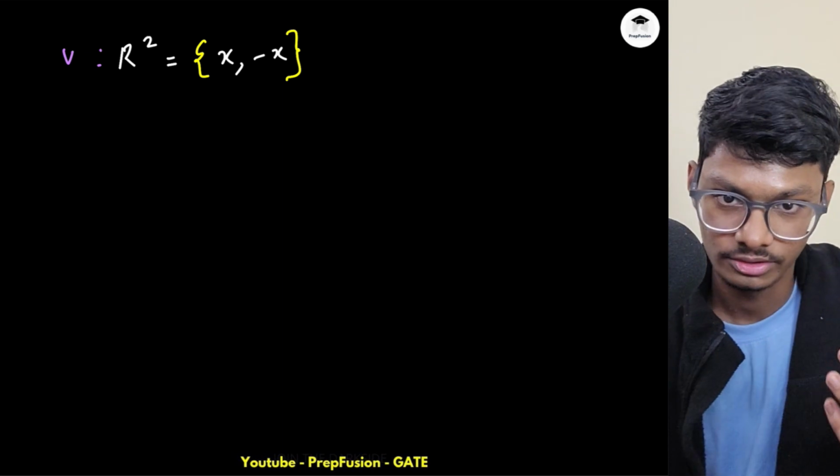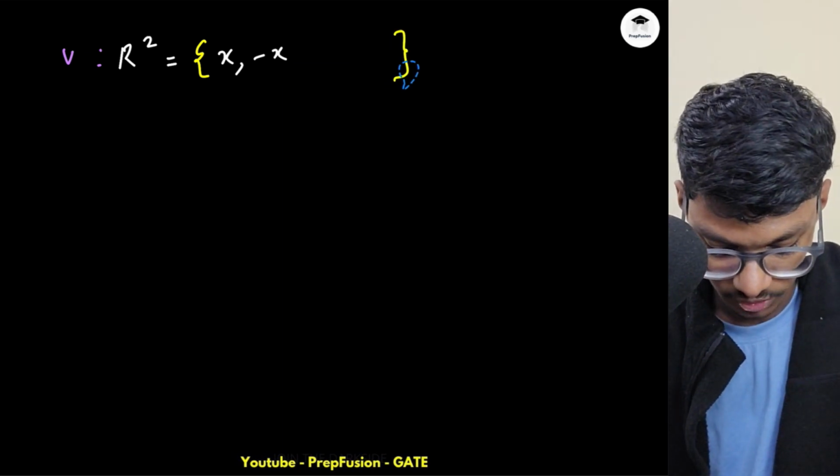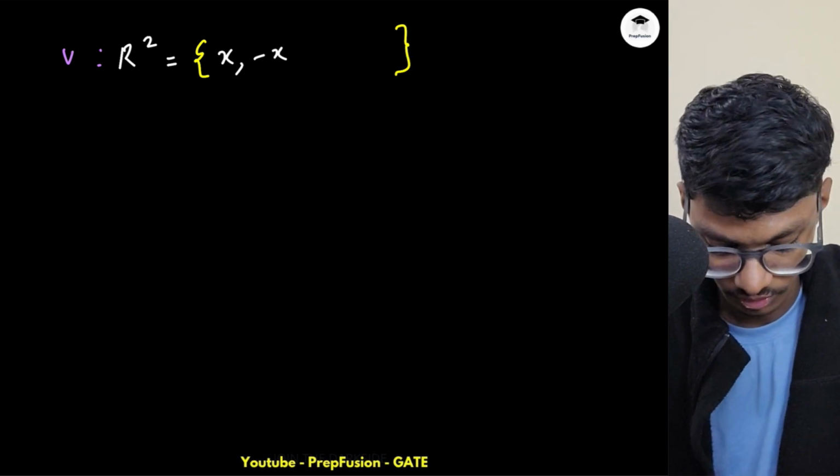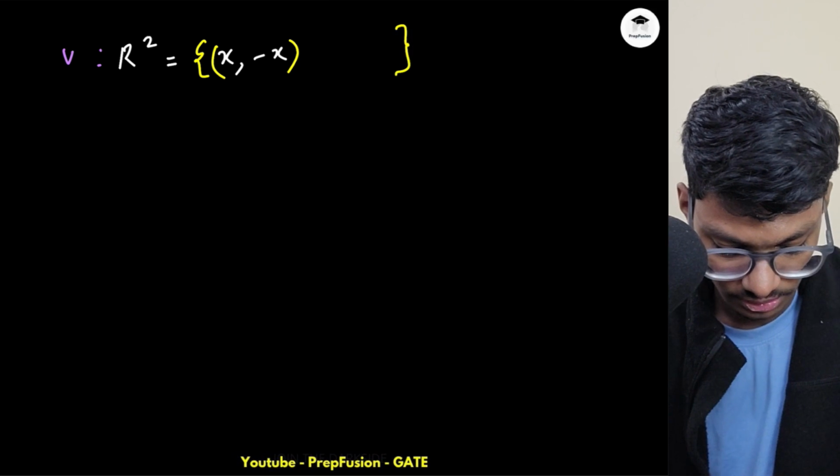So basically x plus y equals 0, so y is equal to minus x itself, where x belongs to all real numbers. So this is what my V is. It is a set of these vectors.